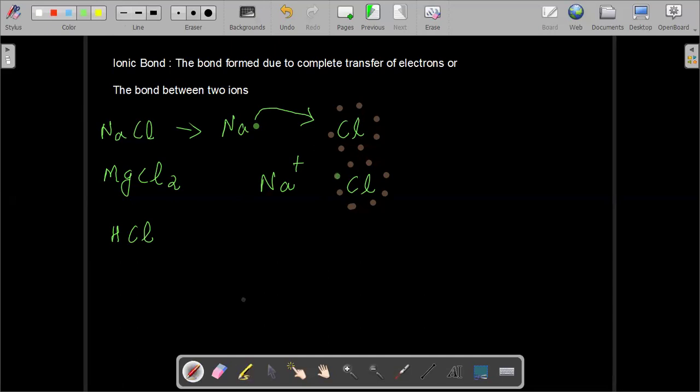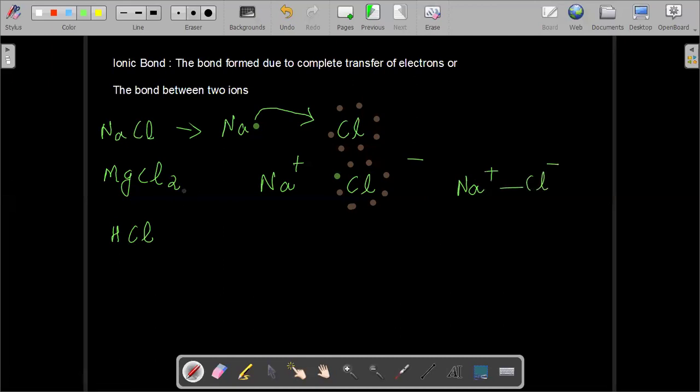So chlorine has now become minus 1 and sodium has become plus 1. So there will be a strong electrostatic force of attraction between the two, holding each other. Na plus and Cl minus hold each other with a strong ionic bond. I can write it as Na plus Cl minus like this.